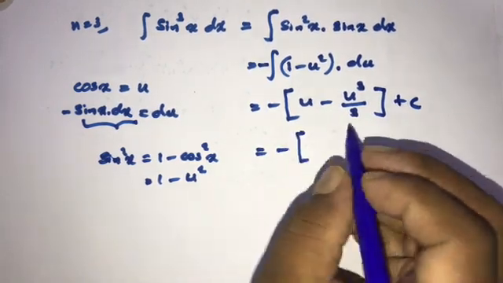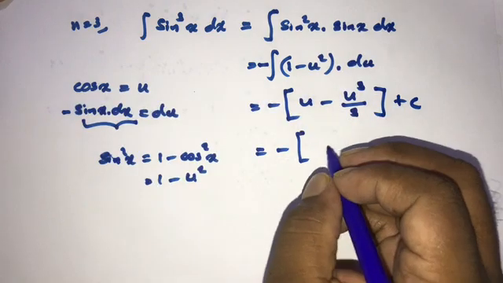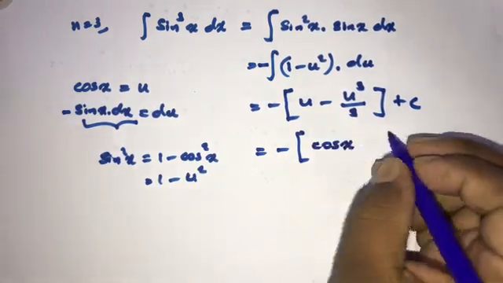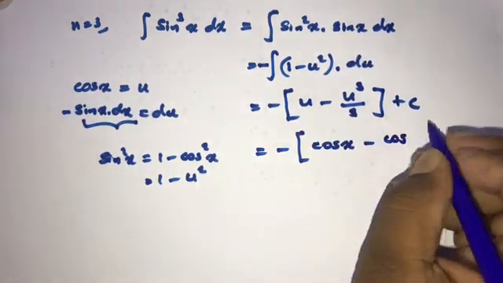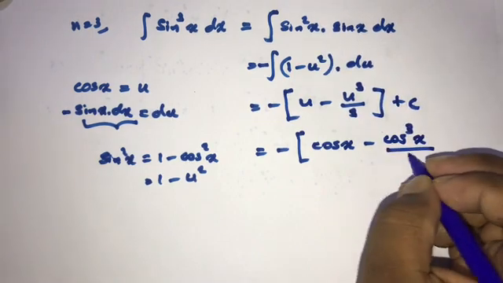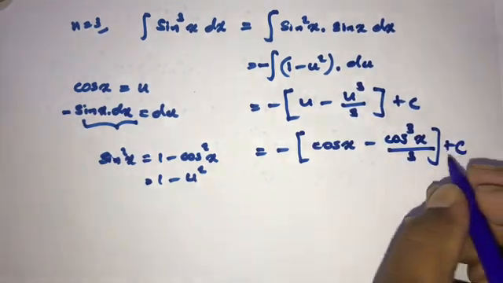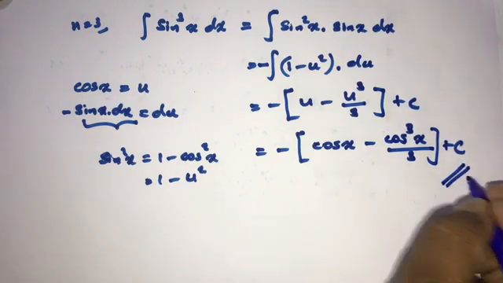Now plugging in u equal to cosine of x, we get minus cosine of x plus cosine cubed of x over 3 plus c. Okay, this is the answer.